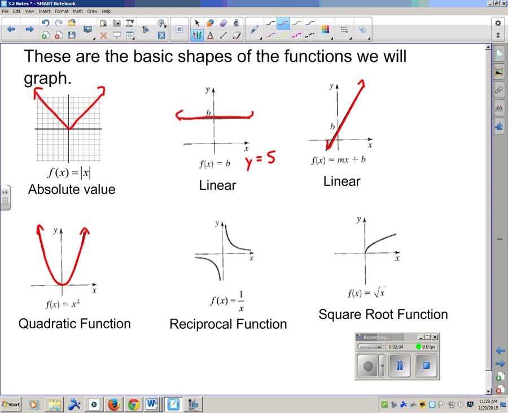The reciprocal function, which you can also call the rational function. Notice there are two parts. There's a gap there, and then we've got another part over here. I had to take my pencil off the paper to go from the left graph to the right graph. What happens here is there's a horizontal asymptote. The x-axis acts as a horizontal asymptote for both of those graphs to approach.